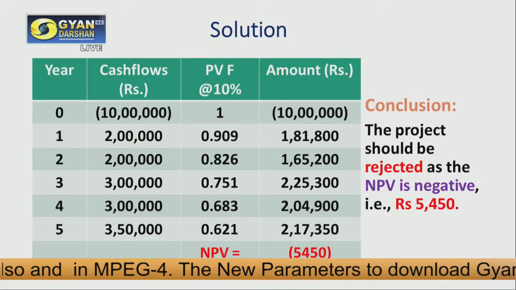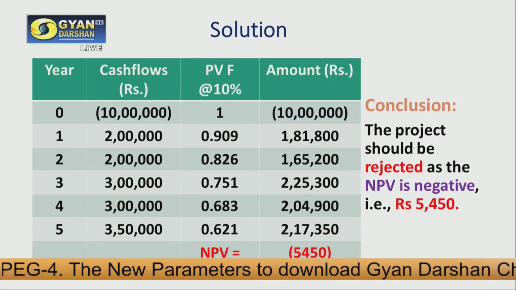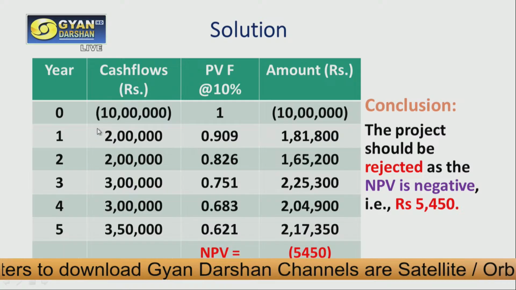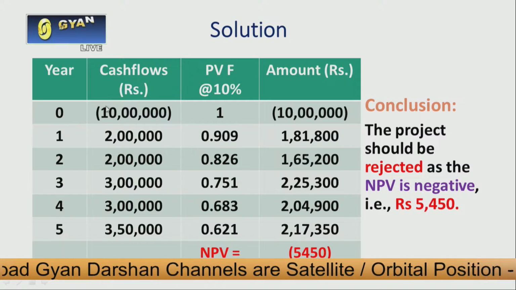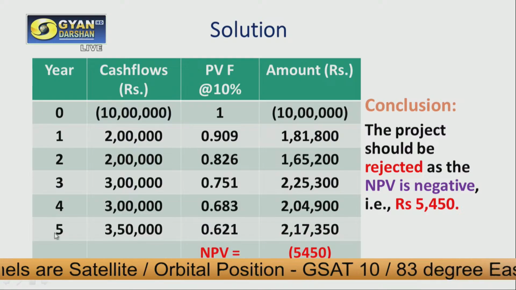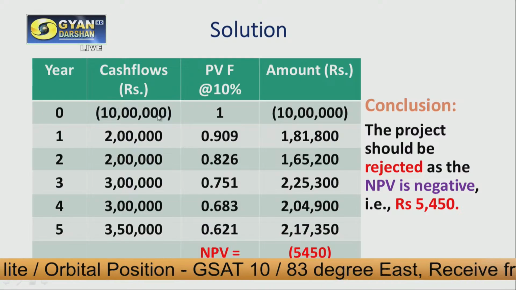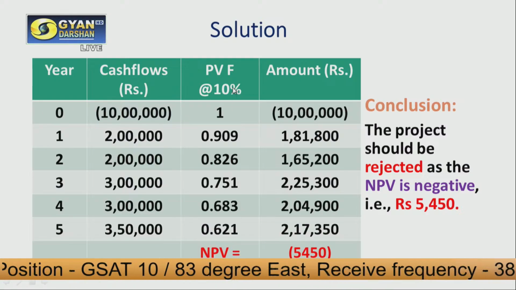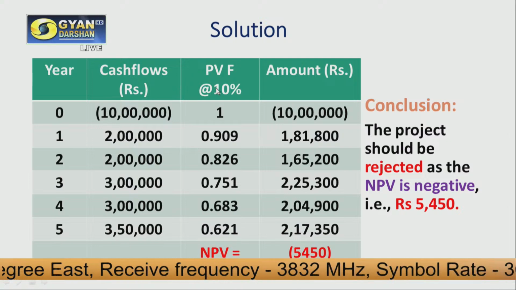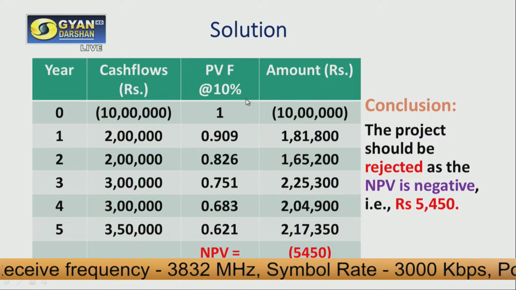Again, we can get the values of present value factor from the PVF table, and for that, you can refer to the time value of money session. Here I just took the values of cash flows from the question itself, and the PVF values are taken from the PVF table, under the 10% column.